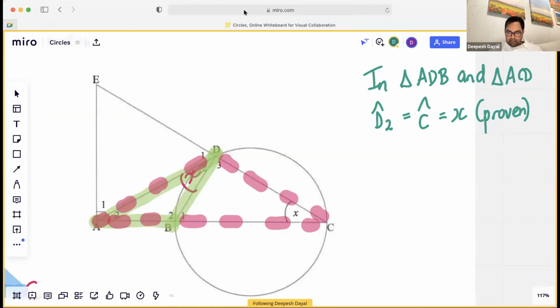Look at the 2 triangles. What is common in both of them? Anybody else wants to help me share what is common? There's a common side and a common angle. Okay. So we've got common side and common angle. So what is the common side?